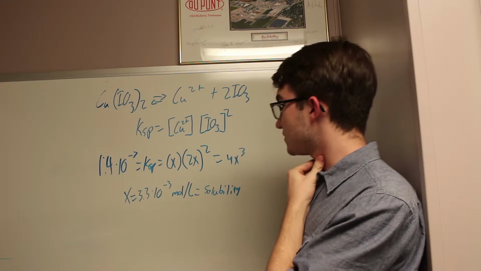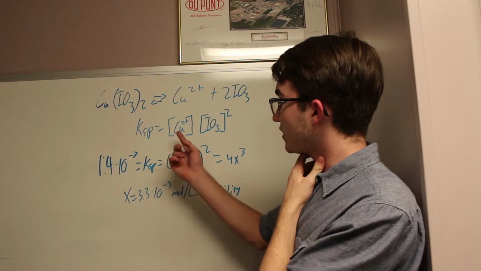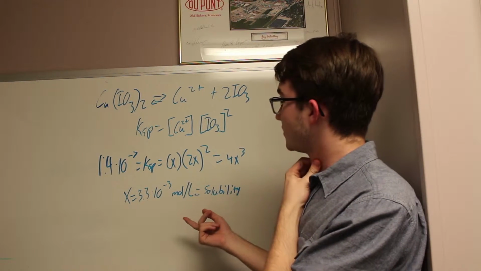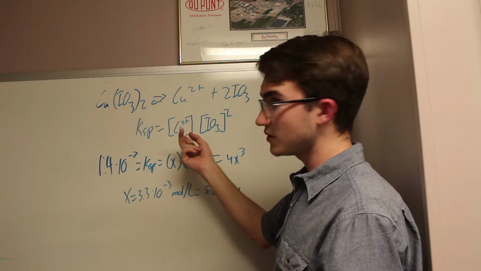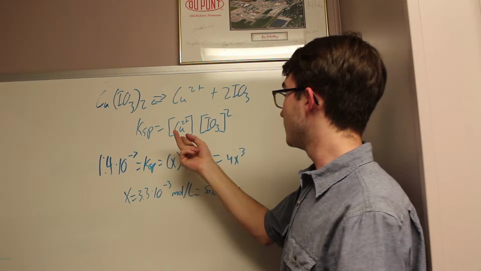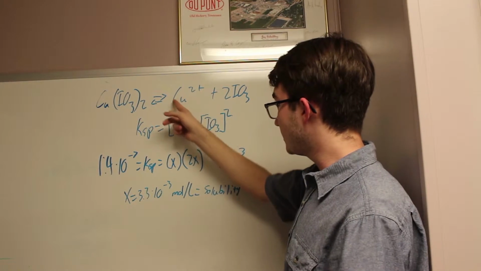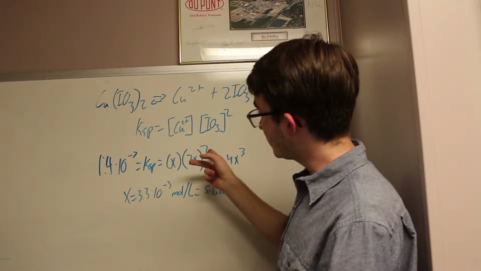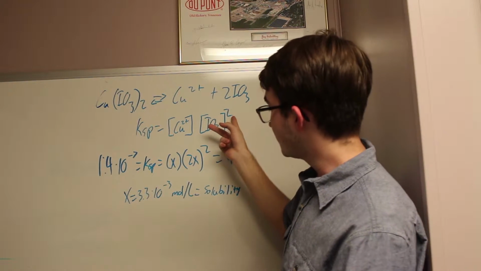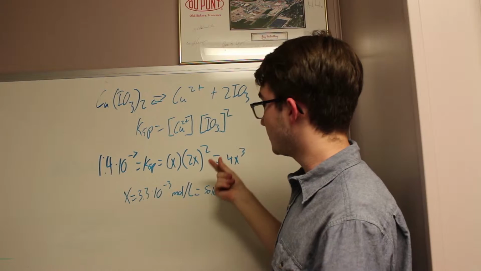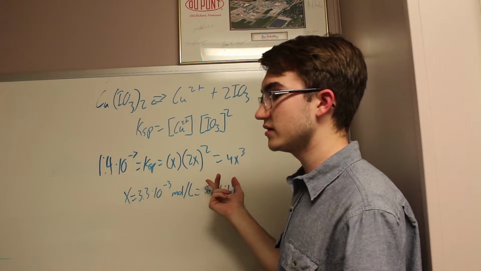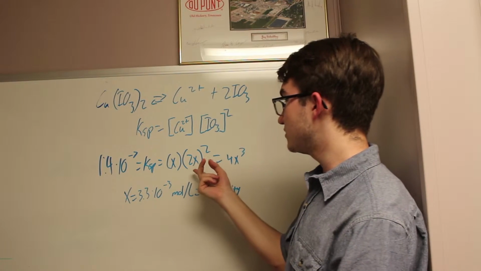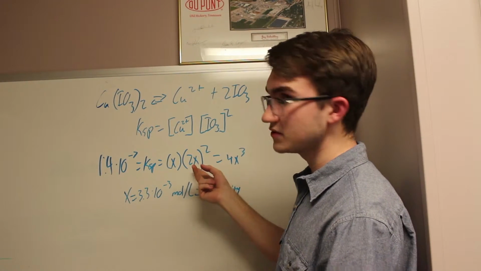Because we're trying to do that, we don't know the concentrations of these two at the moment. We'd like to. So this one is represented by x because it's not squared, nor does it have any coefficients. This one represents 2x squared because it's squared here because of the coefficient, and we don't know how many moles it reacts at when it's dissolving, so we just put what is here down here as well.